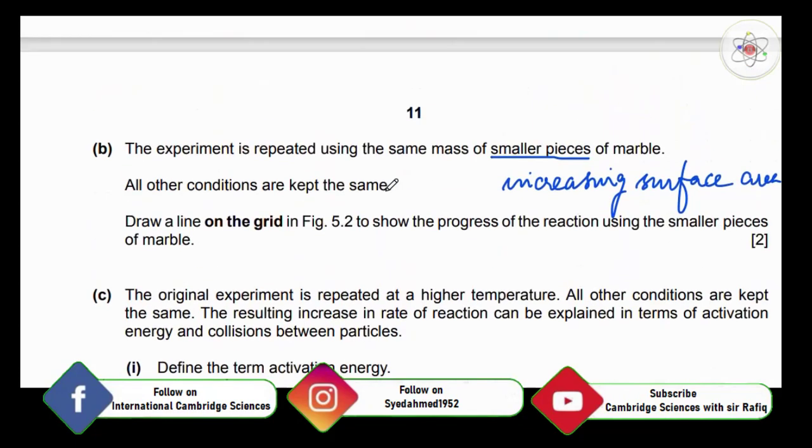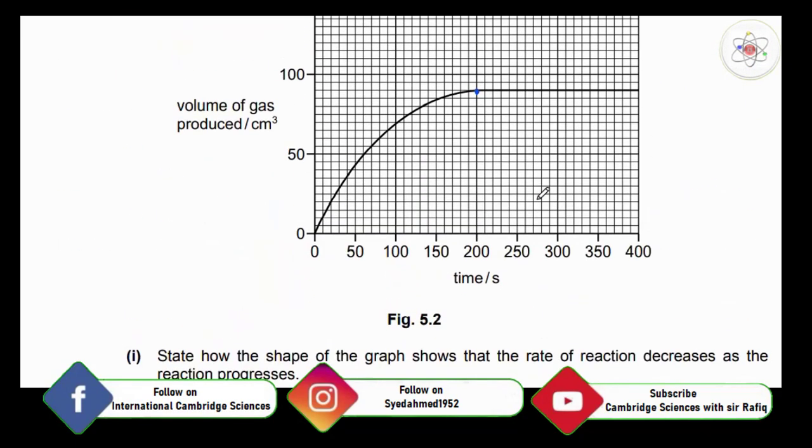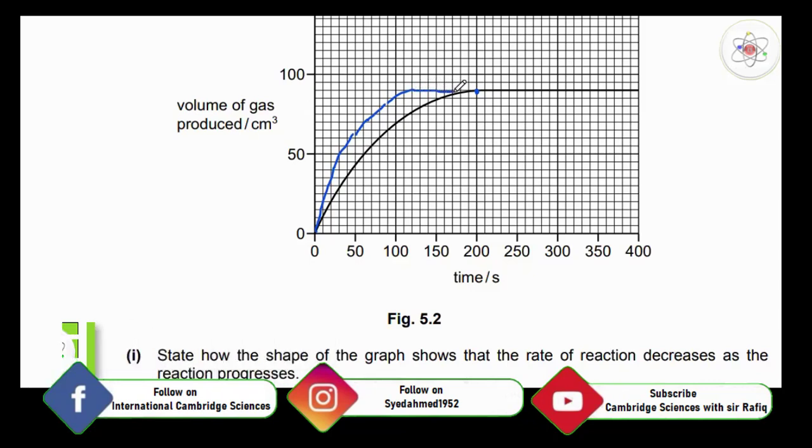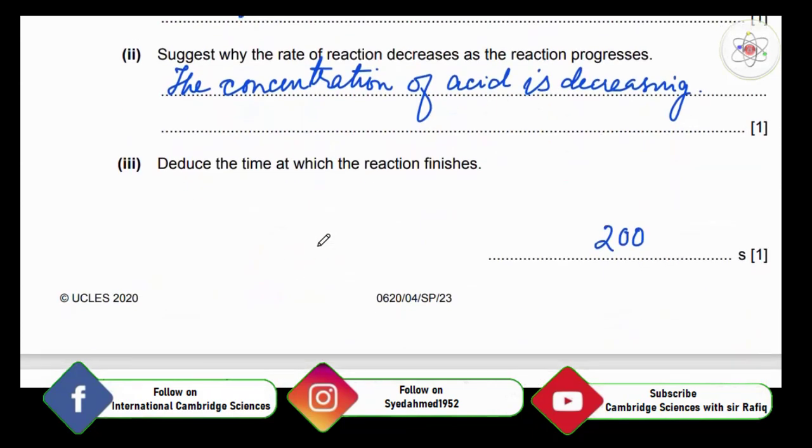So you just increase the surface area, so there will be a steeper curve. Okay, so it will finish earlier but will not increase the volume of carbon dioxide gas. So you can see the reaction finished somewhere around 100 seconds, but it produced the same amount of carbon dioxide. Right, so moving on, C part.